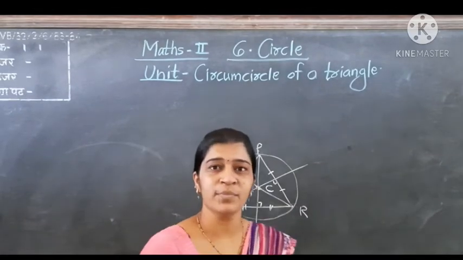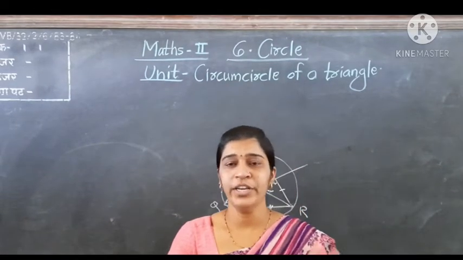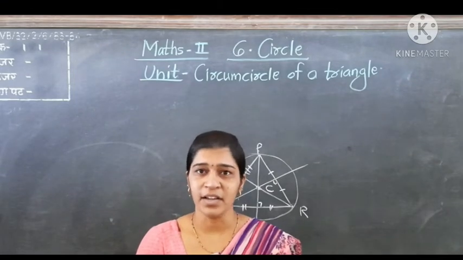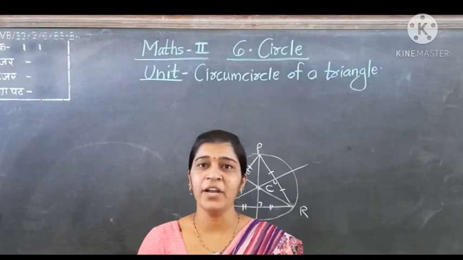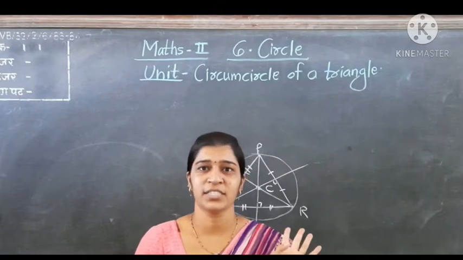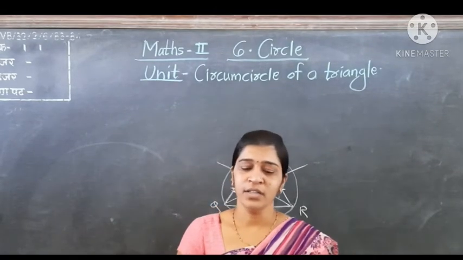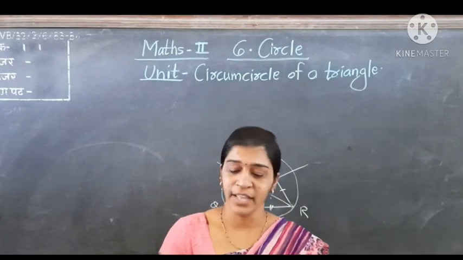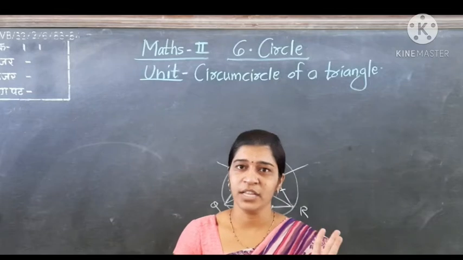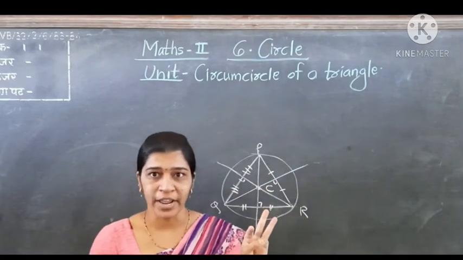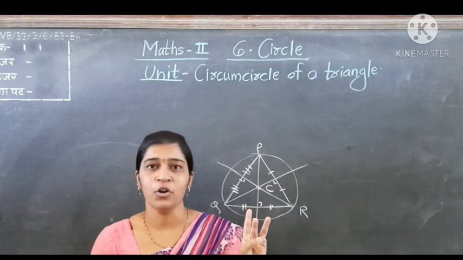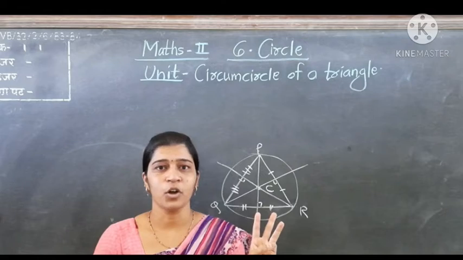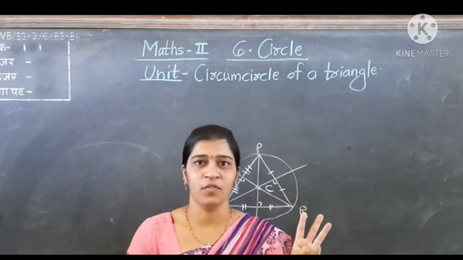So for drawing the circumcircle, first draw the triangle, second draw the perpendicular bisector of any two sides, and third draw the circumcircle of that triangle. Here three steps are needed.